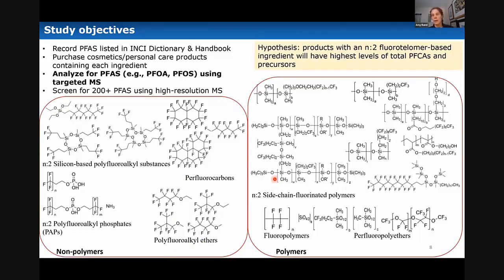We had a number of different polymeric substances, including fluorotelomer side chain polymers, the fluoropolymers like PTFE, as well as perfluoropolyethers.